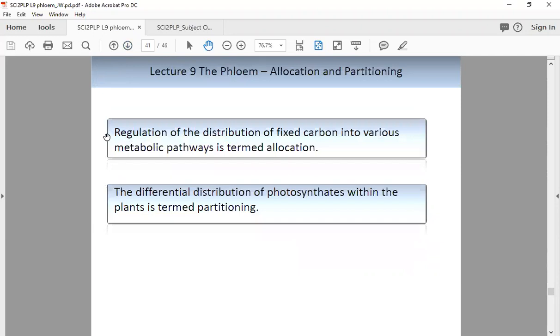So we can say that allocation occurs at a cellular level, allocation of sugars within cells to various pathways, whereas the overall distribution of photosynthates within the plant itself is termed partitioning. So I think just a different scale that we're looking at there when we talk about allocation and partitioning.